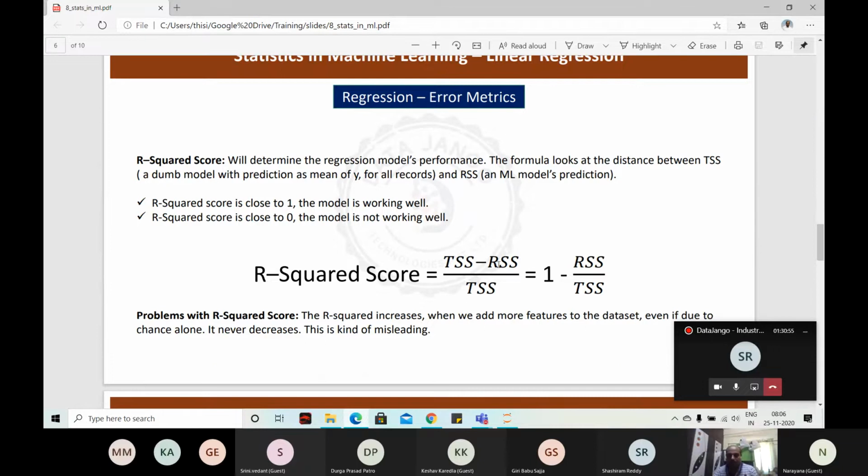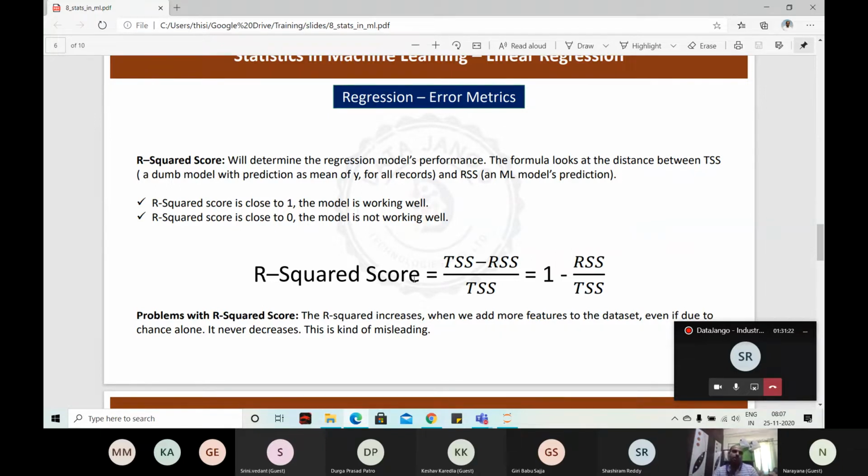If RSS is close to 0, and even when the target variable is a small number, TSS is going to be a big number, and RSS is going to be a very small number compared to TSS. Then the numerator and denominator are almost going to be the same, so you will get a number close to 1.